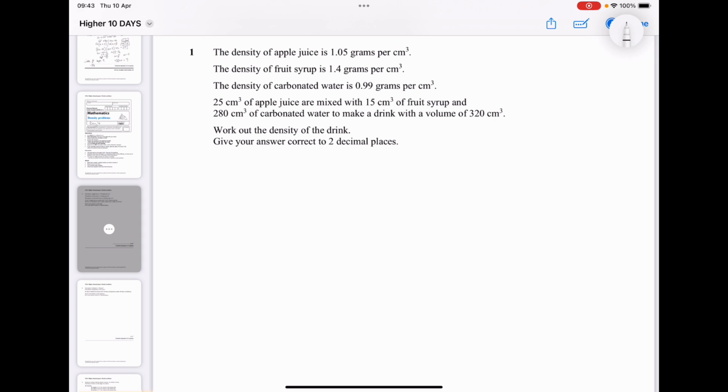Right. This sounds difficult, and looking at it, it is, but it's just the way that you set it out. So it's working out exactly what we've got. We've got apple juice, fruit syrup, and carbonated water, mixed to make a drink.